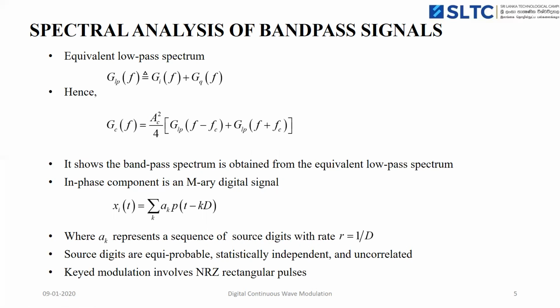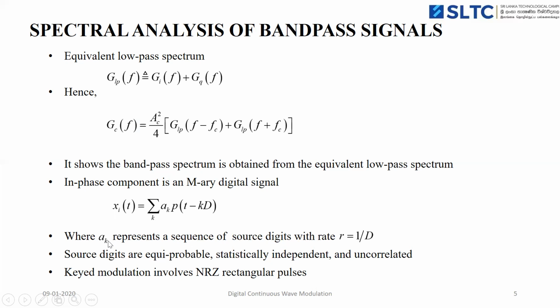Now we can consider the in-phase component of the band pass modulated signal for M-ary digital information. So x_I(t) is the summation of all the amplitude levels of the rectangular pulse p(t). Here the a_k indicates the amplitude levels of the rectangular pulses.